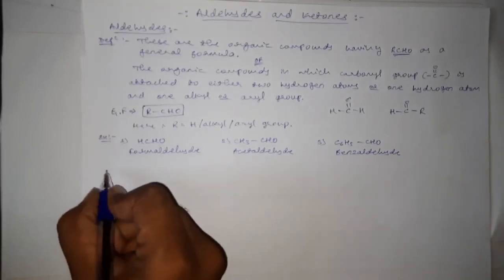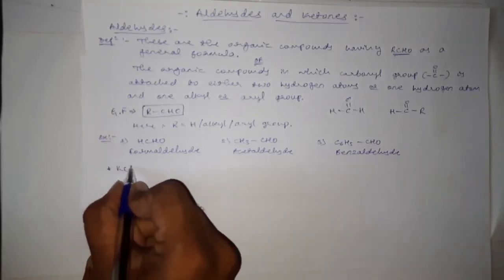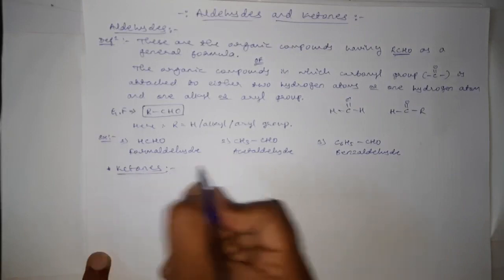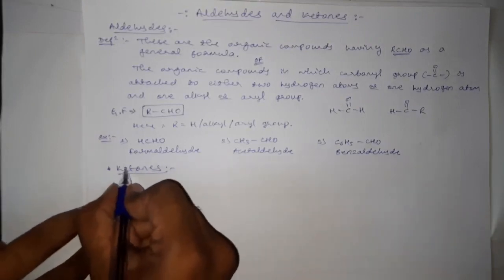Okay, these are some of the examples for aldehydes. Then now we have to discuss what are ketones. What are ketones?